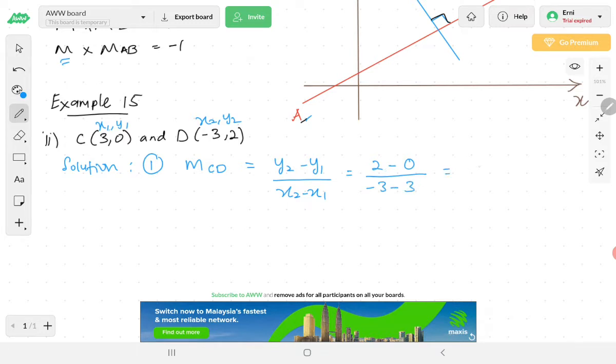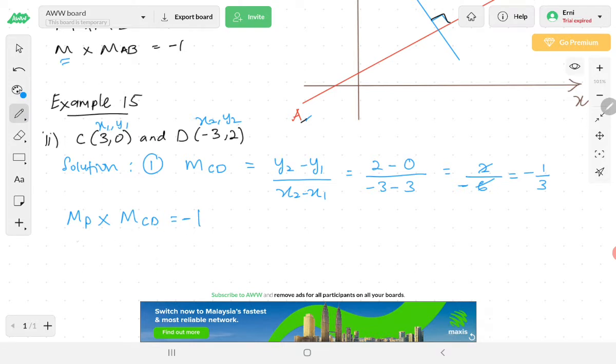So we get 2 over -6, and we get -1 over 3. So here, with the perpendicular bisector, the gradient MP times the gradient of CD will become -1.